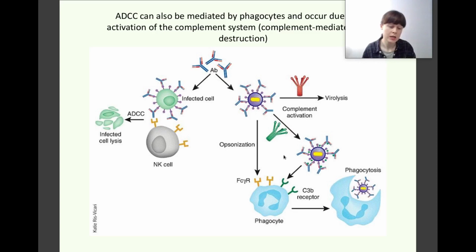And our specific phagocytes such as macrophages and neutrophils can engulf these cells coated with opsonins, with C3b and C4b, via the complement reaction, and this also can lead to phagocytosis.